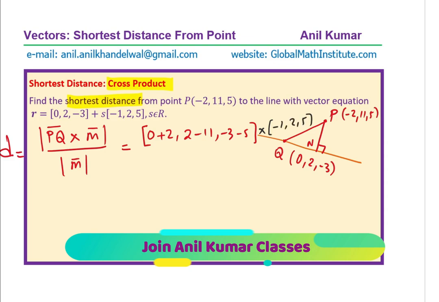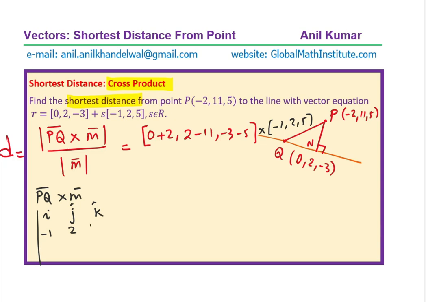So let's do the cross product first. Let's do PQ cross M. I use the matrix method, that's simpler. So we use i, j, k, the unit vectors, and M is 1, 2, 5, PQ is 2, -9, and -8, correct?